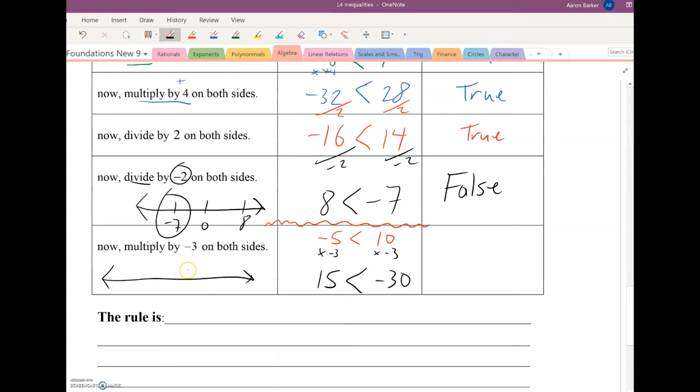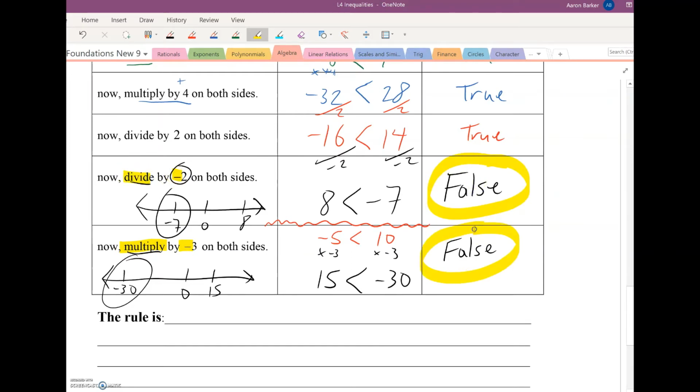Here's our number line. Here's 0. Here's positive 15. Here's negative 30. And the sign's eating negative 30? It's way down there. This is also false. So we multiplied by a negative, and we divided by a negative, and then we got false statements. That's a problem.